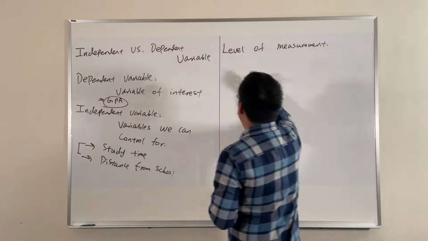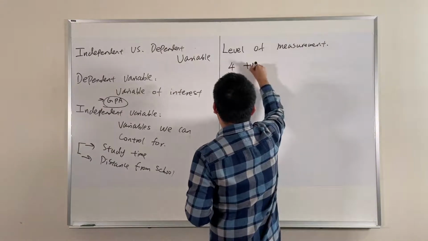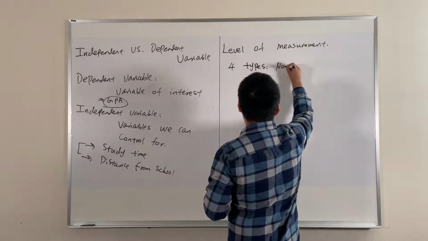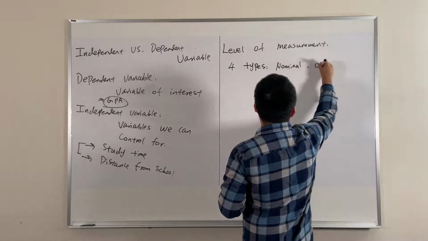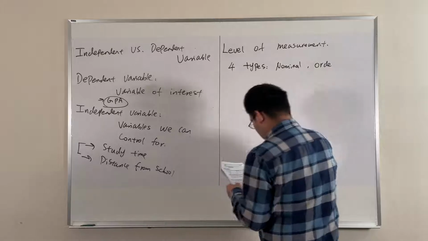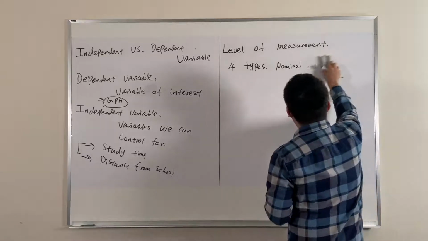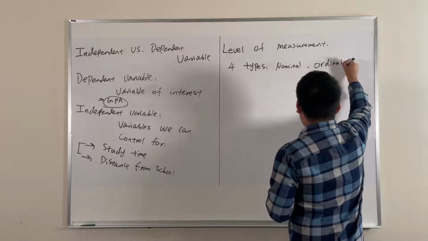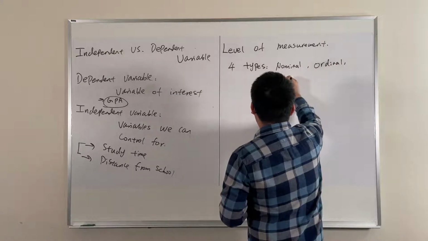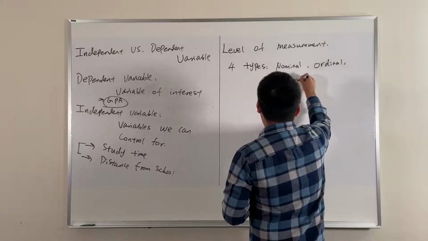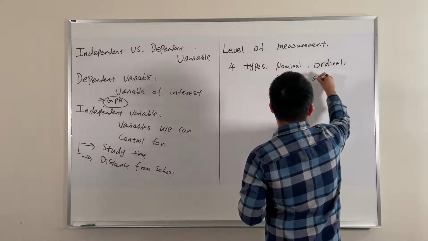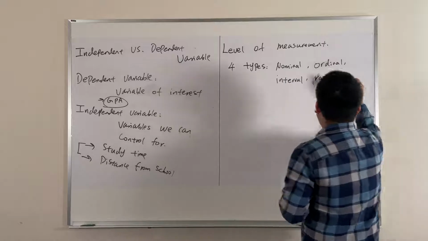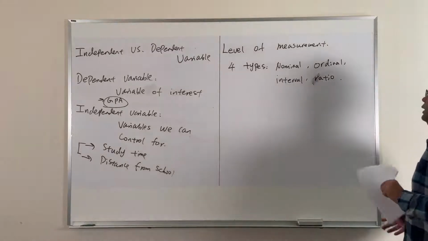The four types are nominal, ordinal, interval, and ratio. Okay, these four types of level of measurements.